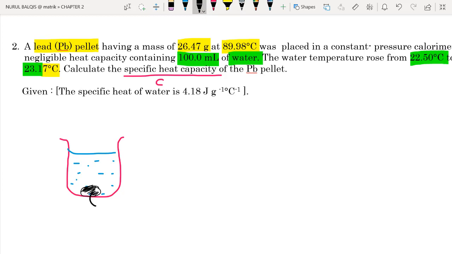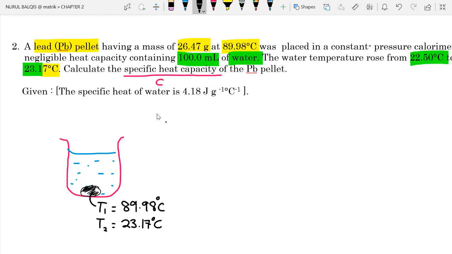We know that the initial temperature of this Pb pellet is 89.98 degrees Celsius, and the final temperature once it has been dipped in the water has become 23.17 degrees Celsius.